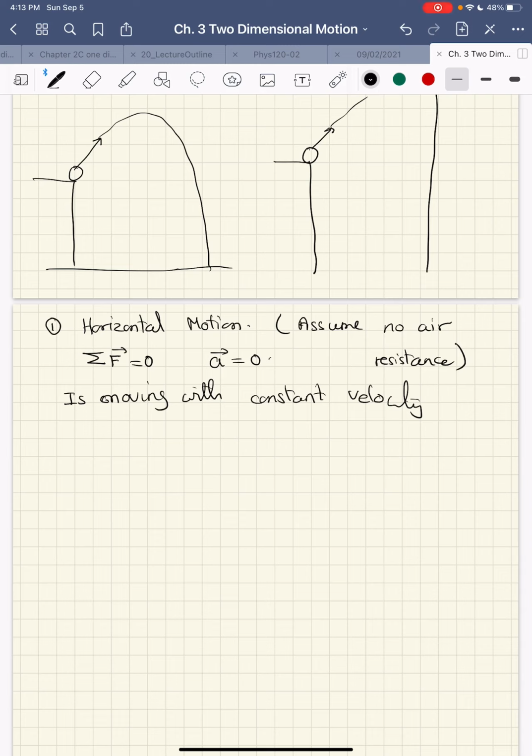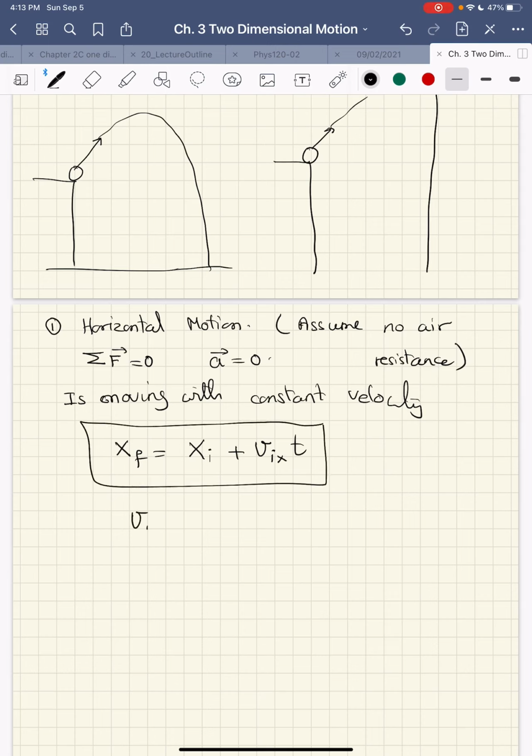Therefore, I can do the following. If I wish to calculate the final position of the object, it's the initial position plus the initial velocity vix times t. And I want you to know that we can say vix equals vx at all times because the acceleration is 0.